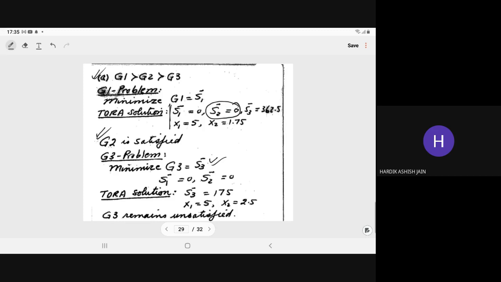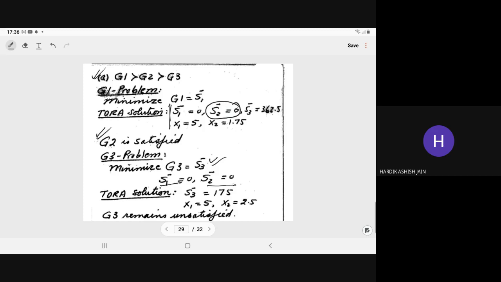When you implement this, you have to put S1 minus equal to 0 and S2 minus equal to 0. Wherever we have S1 minus and S2 minus, you have to write a 0, because they are now satisfied. Degradation is not allowed.